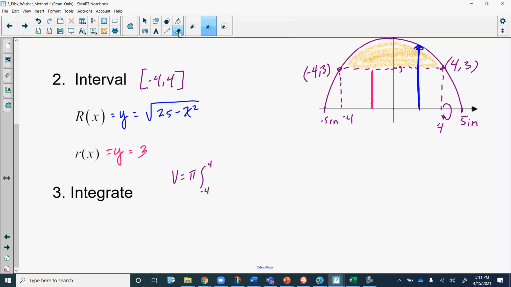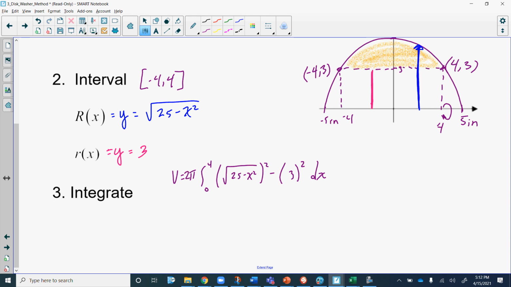So let's try it from 0 to 4 and double our values because it will be symmetrical. And let's see if this is going to work out for us here. So the outer radius is the square root of 25 minus x squared, quantity squared, minus the inner radius, which is just 3 squared, and I'm rotating around the x-axis, so I'm going to say dx.